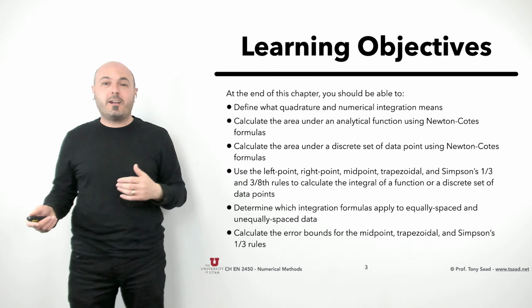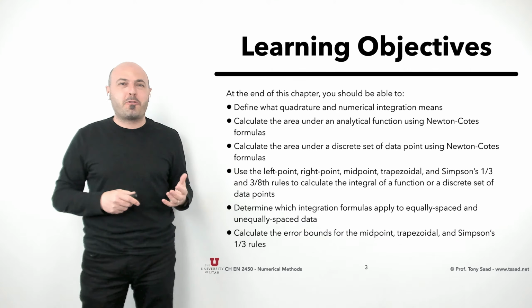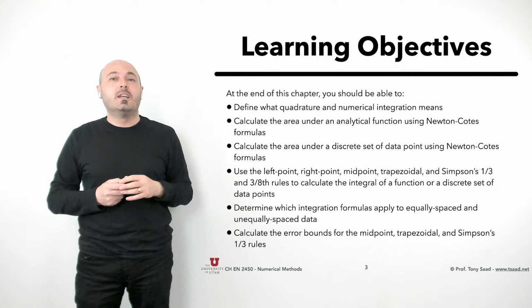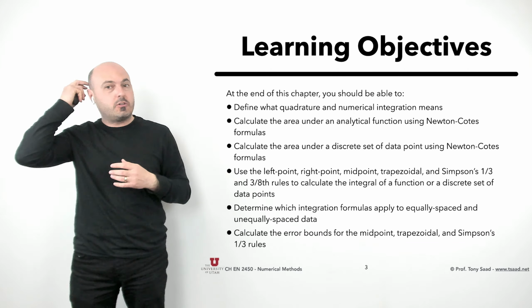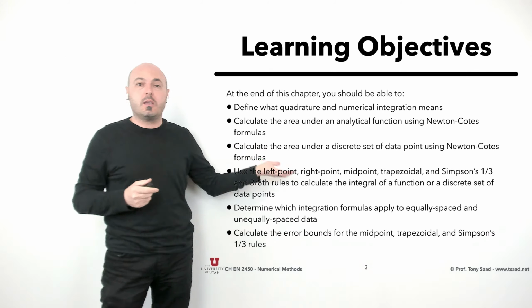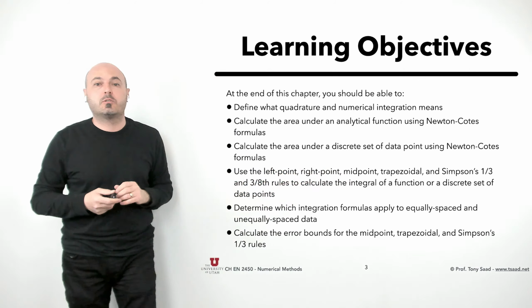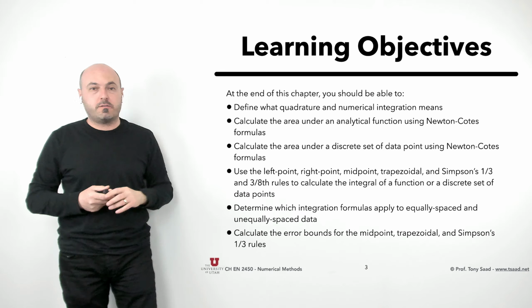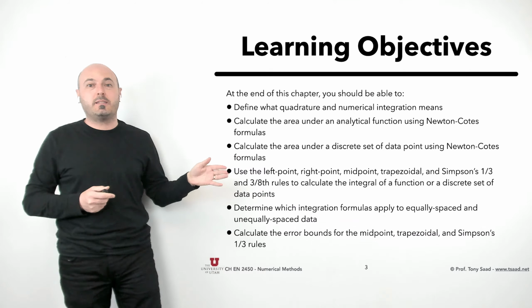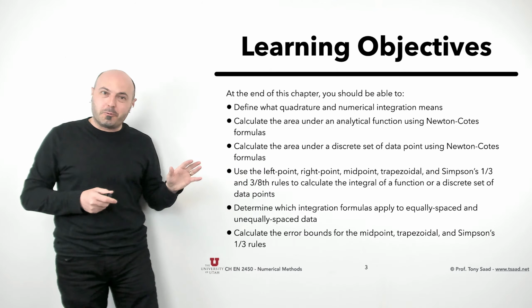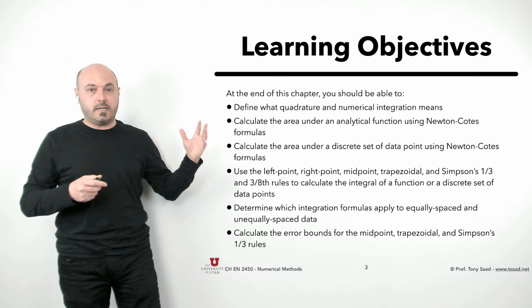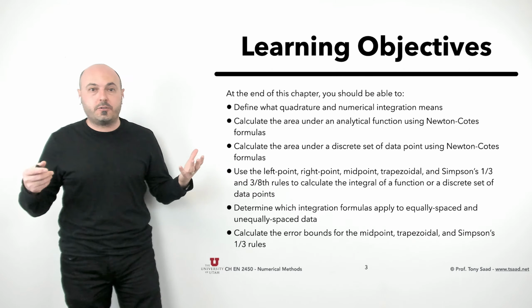Use the left, right, midpoint, trapezoidal, Simpson's 1/3, and Simpson's 3/8 rules to calculate the integral of a function or a discrete set of points. Those are the methods that we will learn in class today. Determine which integration formulas apply to equally spaced data and which apply to unequally spaced data. Data could be presented to you in different manners.